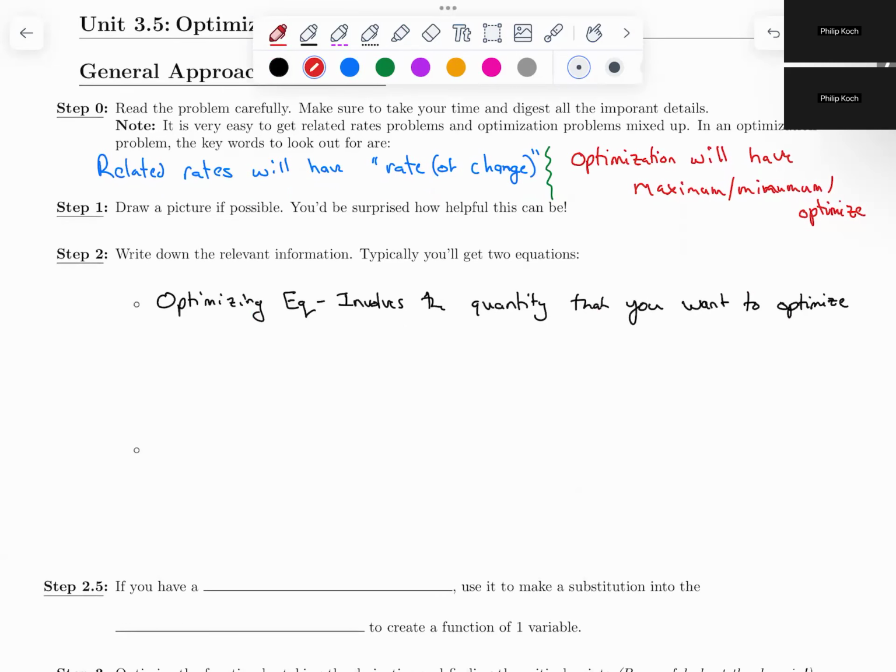Now, as an aside with this, so I'm going to underline this. This is not standard notation. This is not a standard definition. So I'm not going to treat it as such. It's my own terminology. It's an optimizing equation. It involves the quantity you want to optimize. Now, sometimes this will have 2+ variables.